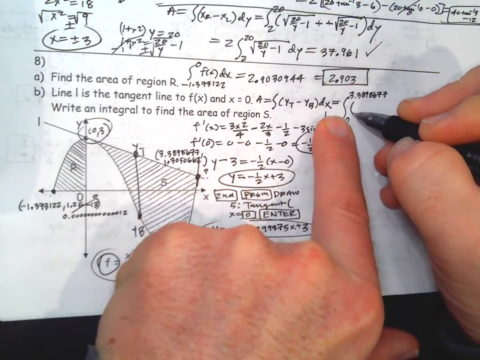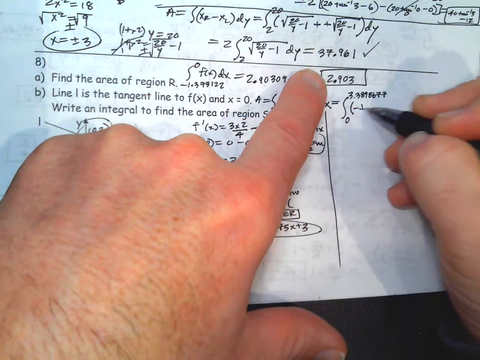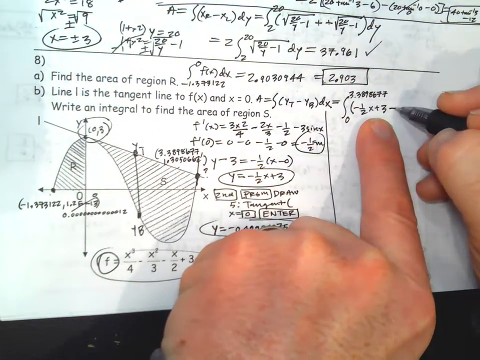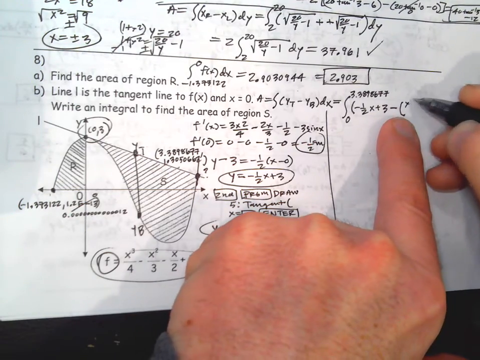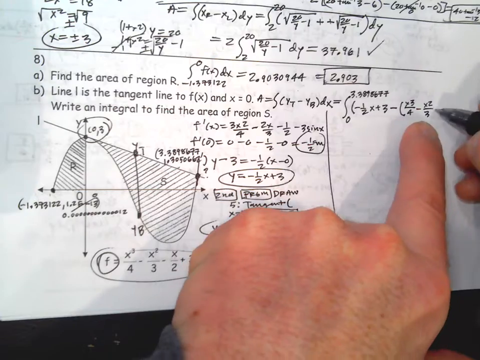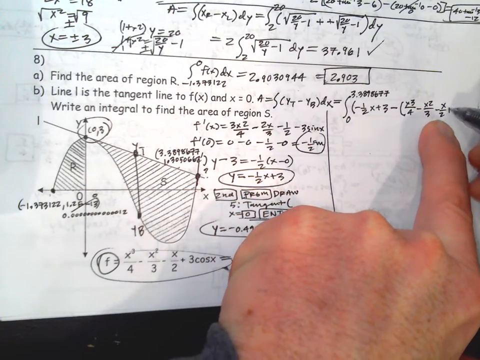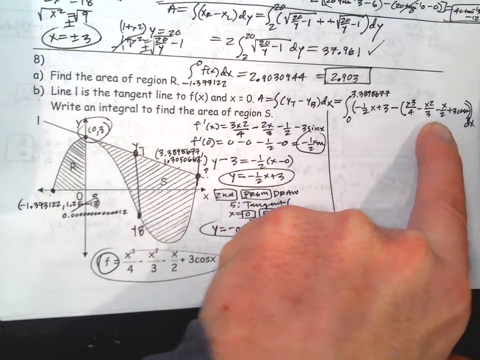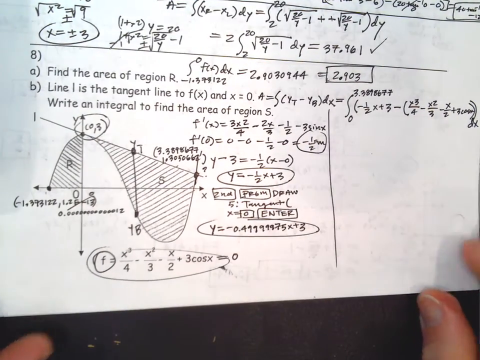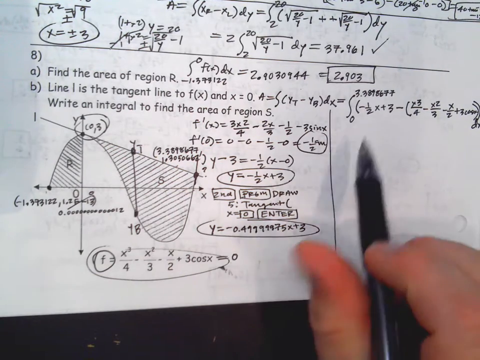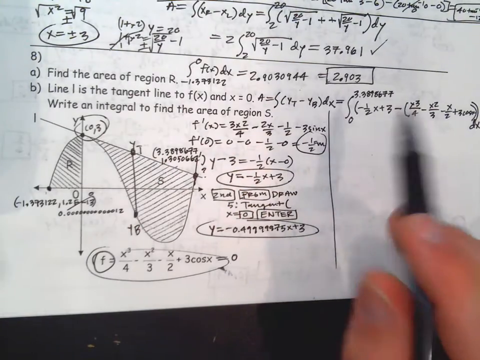Y top is the tangent line, 1/2 x plus 3, or however you found it, minus y bottom, this function, x cubed over 4 minus x squared over 3 minus x over 2 plus 3 cosine x, dx. You got to put it all in parentheses though, okay? We could find the antiderivative by hand, but plugging this in would just be stupid.